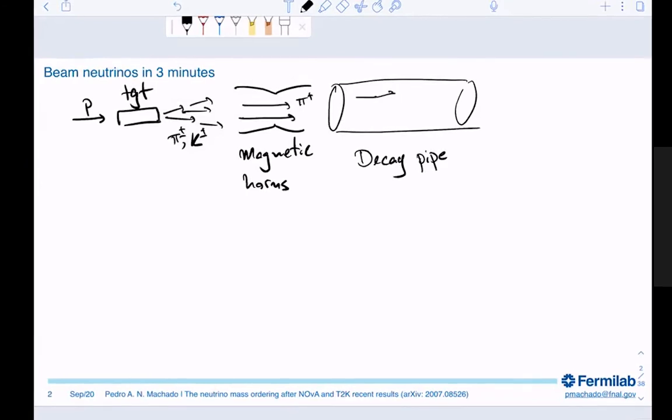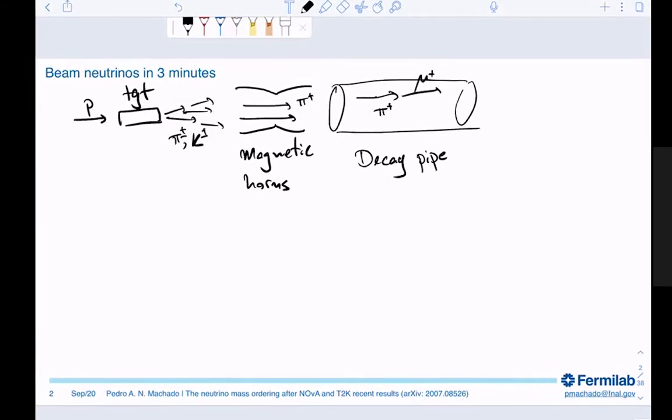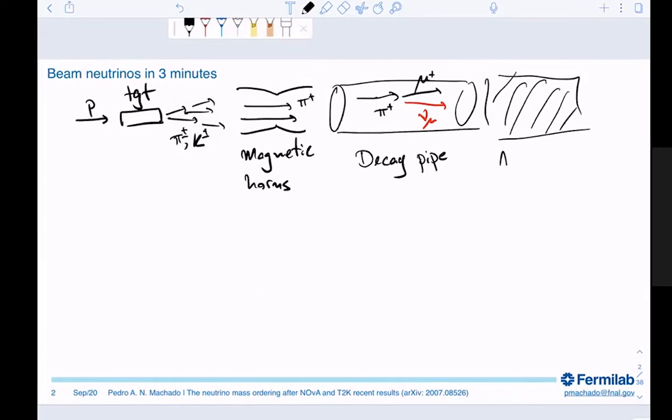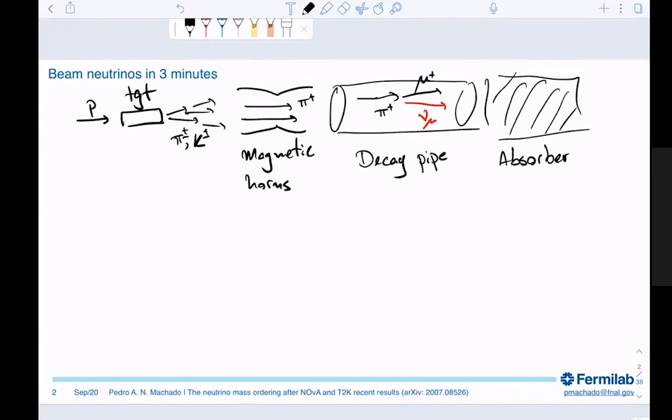And in the decay pipe, well, they decay, mostly to mu and nu mu. And then after the decay pipe, you have something just to absorb the muons. And you have dirt as well, which will help absorb them. So in the end, after the dirt, you have a beam only of nu mu's.